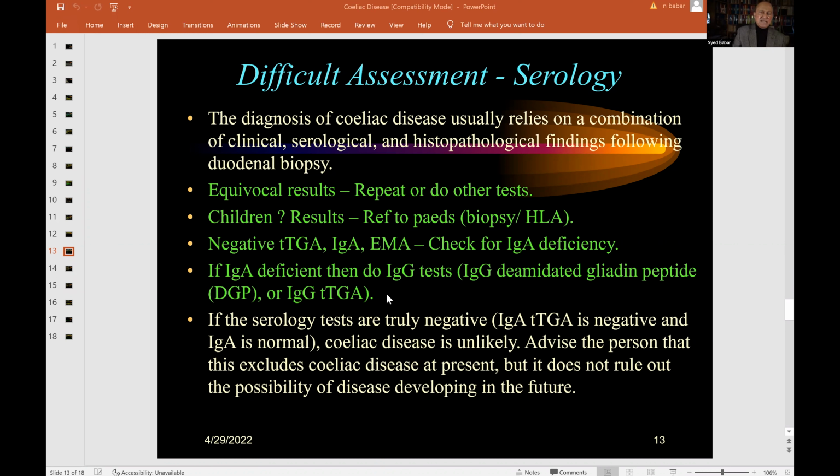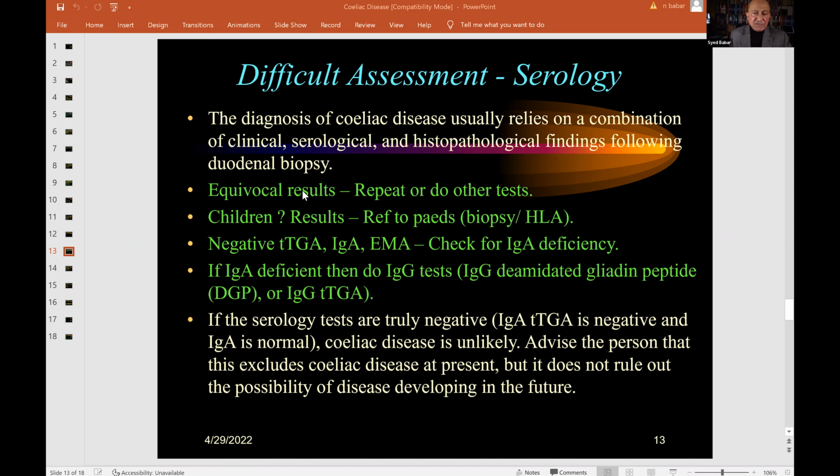The other possibility is that the tests may not be strongly positive. And remembering that the diagnosis of celiac disease relies on a combination of clinical, that means symptoms, serological, and then endoscopy-related histopathological findings of the duodenal biopsy. That combination will lead to a definite diagnosis of celiac disease.